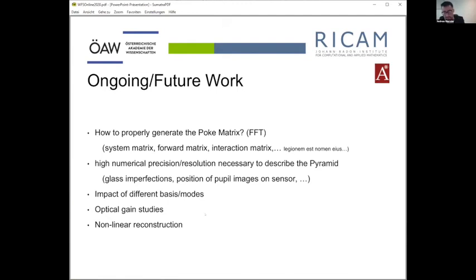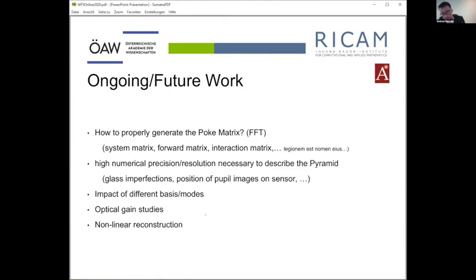And, I mean, it gets extremely slow. The FFTs take not years, but days. And the output of the pyramid really changes with discretization. So we need to have in the back of our heads that once we create artificial interaction and control matrices, we really must simulate our system as close to reality as possible. I mean, it's obvious, but still, let's have this in mind.